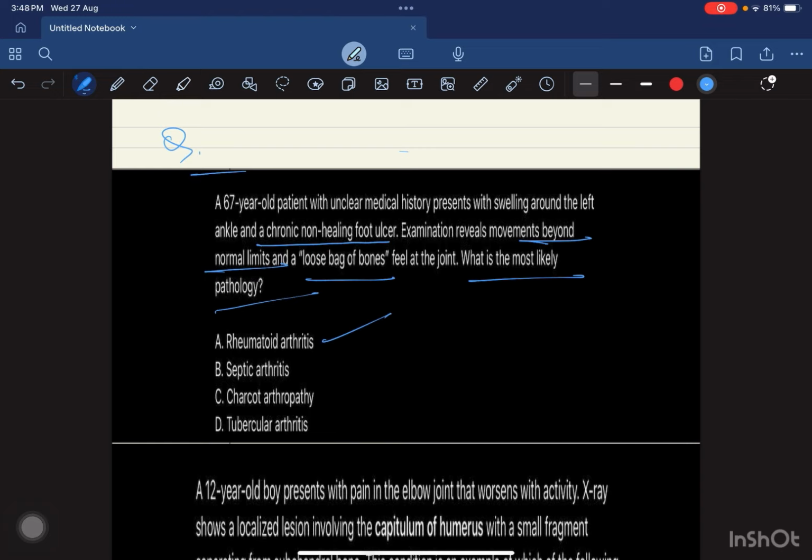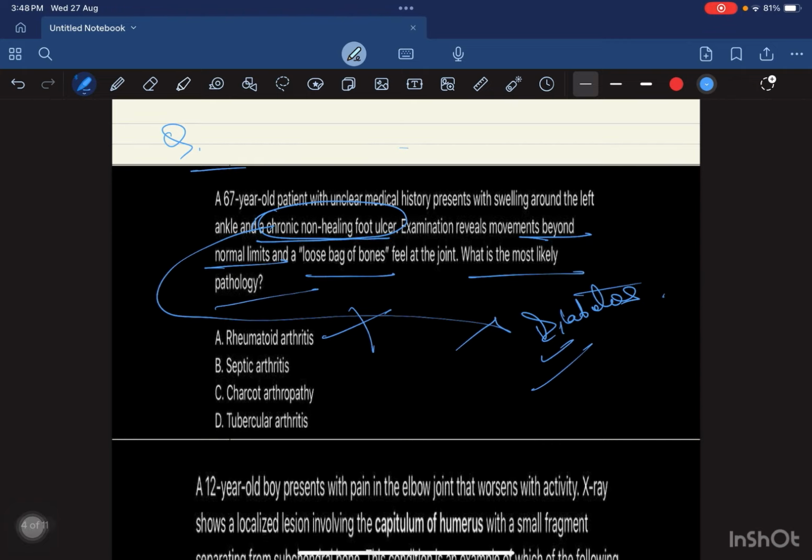So rheumatoid arthritis does not go with the history, so we will rule it out. Also, the chronic non-healing foot ulcer gives us a clue of diabetes, where vascular and neurological compromise can be there. So that's why the foot ulcer is not getting healed.